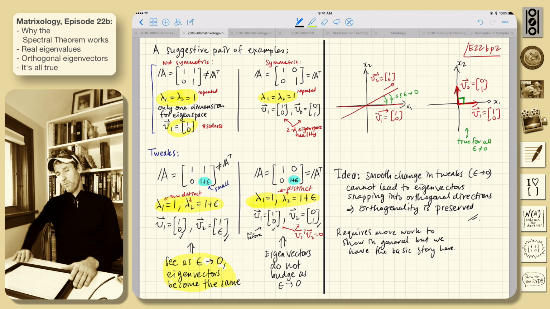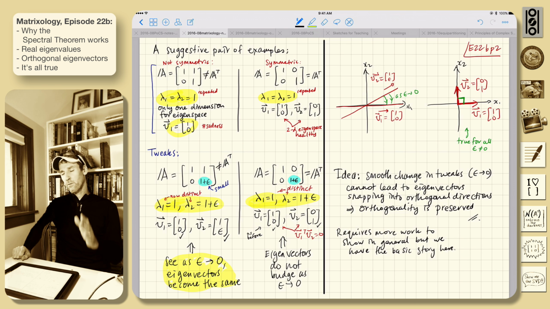But yeah, a pretty spectacular thing. Any square matrix that's symmetric and real can be diagonalized such that you are guaranteed to have an orthogonal set of eigenvectors and real eigenvalues. It might be hard to get to the eigenvectors, but once you've got them, Q transpose is easy to produce.